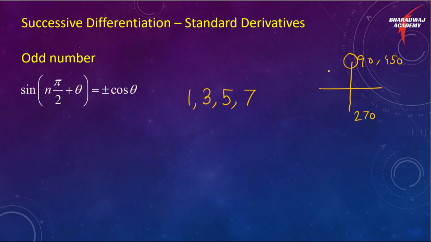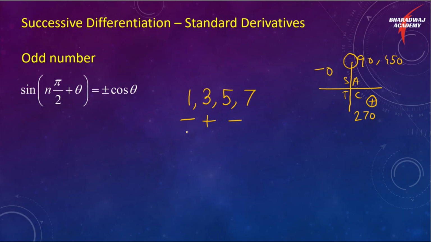Here the position of cos is negative, and here cos is positive in the fourth quadrant. ASTC, all students take coffee. That is the significance of writing this ASTC rule. If we go in a cyclic order, for pi by 2 it is negative, for 3 pi by 2 it is positive, for 5 pi by 2 it is again negative.